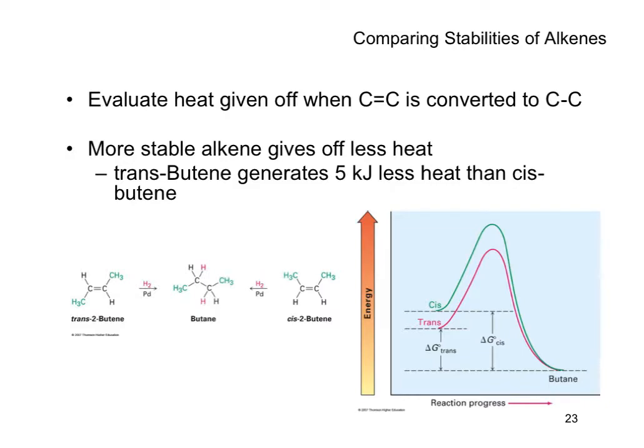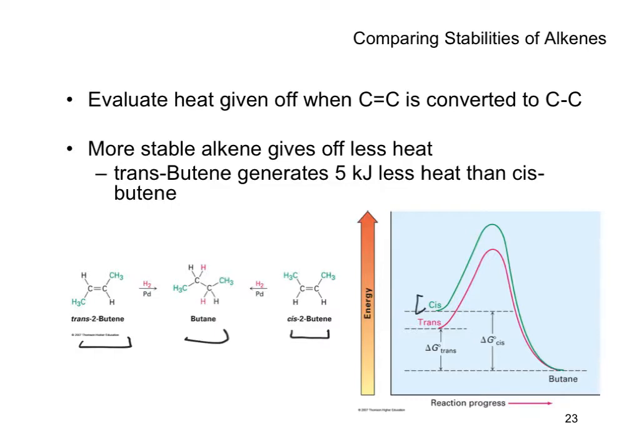Heat is typically given off when the C double bond C is converted into a single bond. So what I just said is that irrespective of whether you start with cis-2-butene or trans-2-butene, your product is butane, and this graph essentially shows you that.